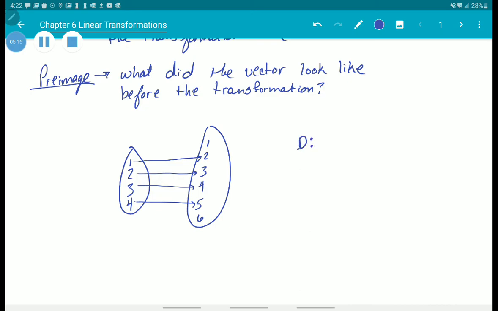So the domain is what kind of numbers are going in. So here, these items are heading this way. We know that by the arrows. So the domain would consist of the numbers 1, 2, 3, 4.